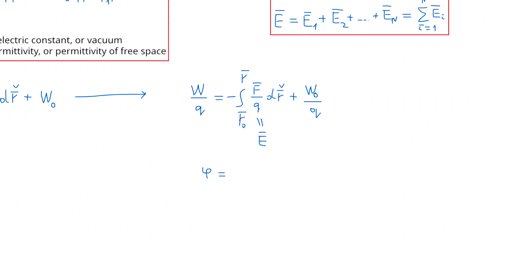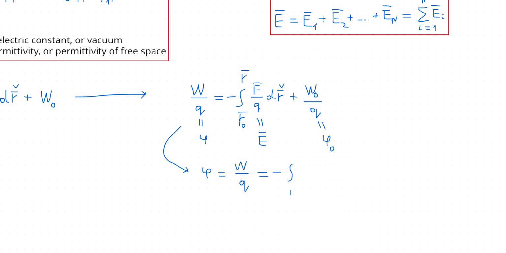Phi is equal to W divided by Q. According to this definition, W divided by Q is equal to phi, and W0 divided by Q is equal to some phi 0. So from this, we obtain the definition of electrostatic potential.